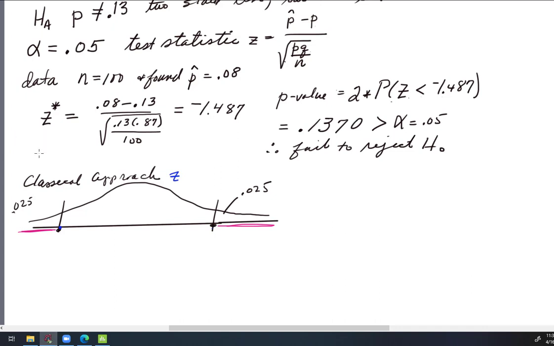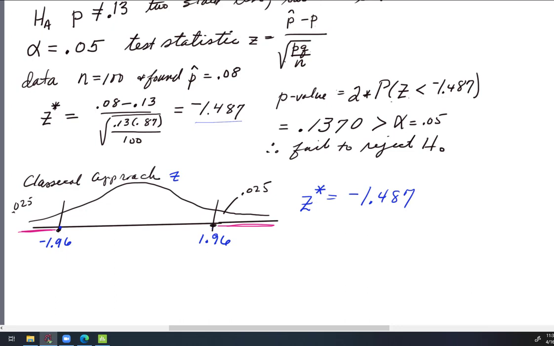That's telling me that this critical value right here is negative 1.96. And by symmetry, this one would be positive 1.96. Now, if we're doing the classical approach, the next thing we would do would be to evaluate z star. Well, fortunately for us, we've already done that, and I see that the value of z star equals negative 1.487.